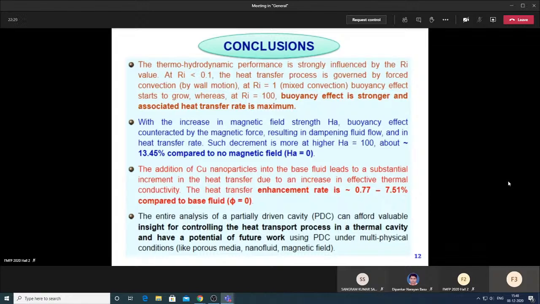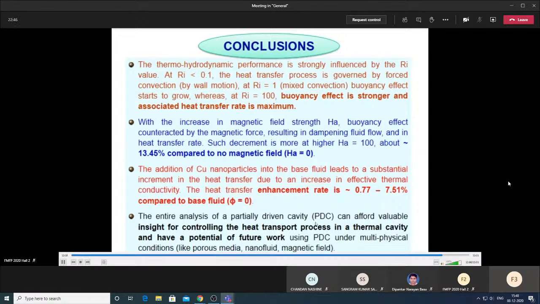Concluded: the enhanced features from the increment of copper are greater at higher Richardson number compared to lower Richardson number. Initial convection occurred at higher Richardson number.